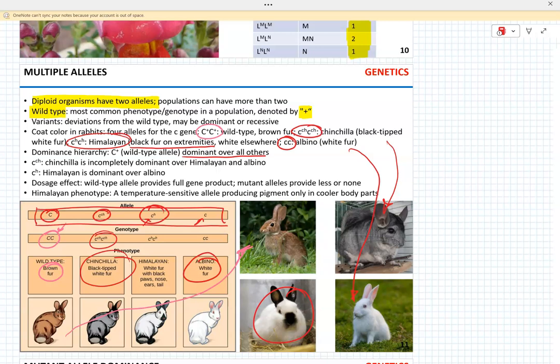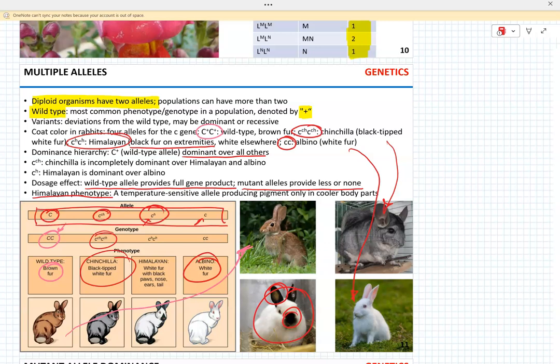Now, why does this happen? The wild-type allele provides the full gene product, mostly the production of the pigment. Mutant alleles provide less gene product or no gene product. In addition to that, the Himalayan phenotype is temperature sensitive. This allele produces pigment only in the cooler body parts, such as the ears and the nose.